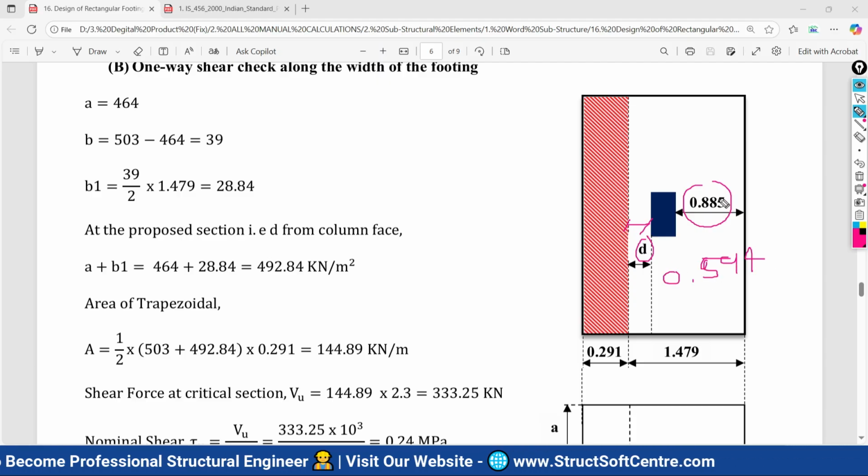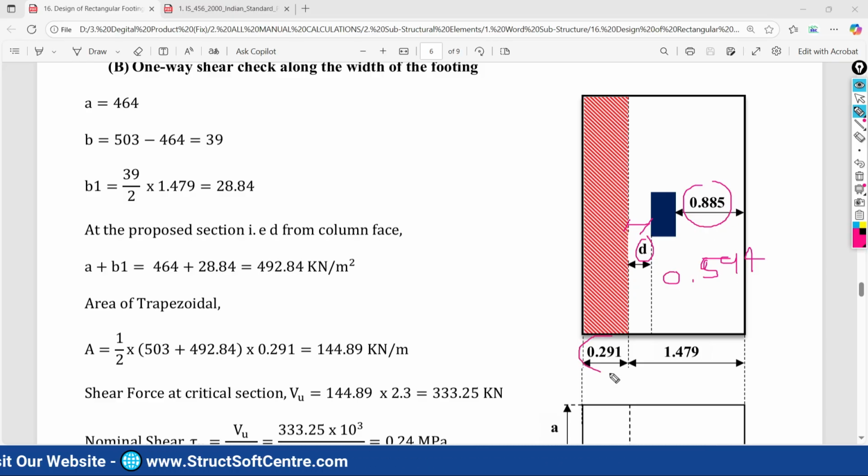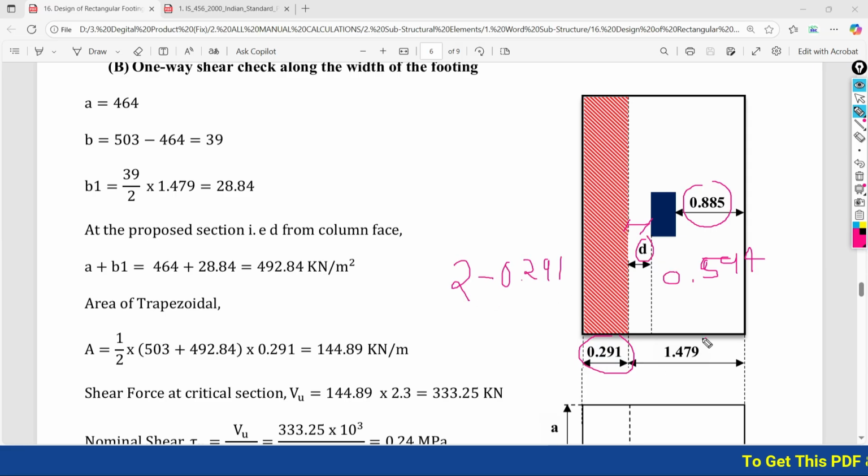Okay, so if you subtract 0.594 from 0.885, you will get this value 0.291. And if total width means 2 meter minus 0.291, if you are going to do this calculation, you will have this span 1.479.